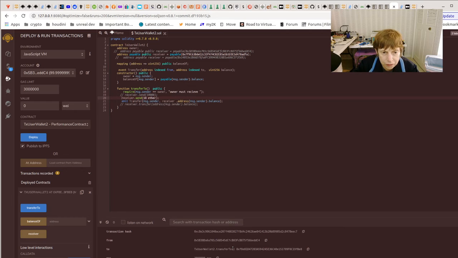Yeah. Notice here it went to the transaction wallet. When I looked at the number, you're sending it to the wallet. Okay, from the Java selected, that's interesting.